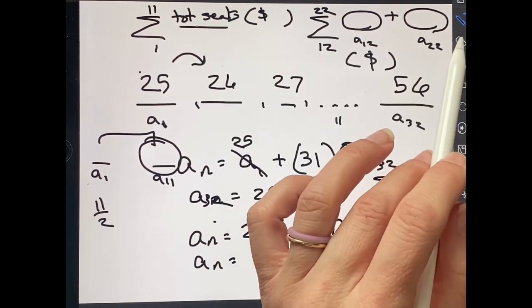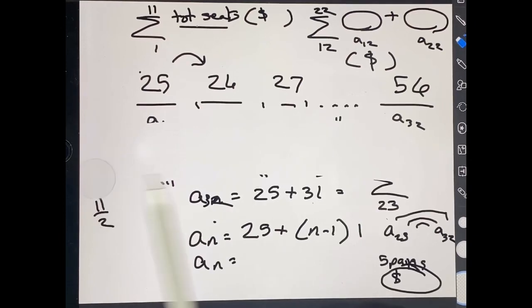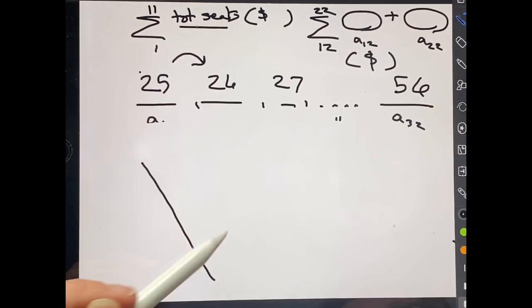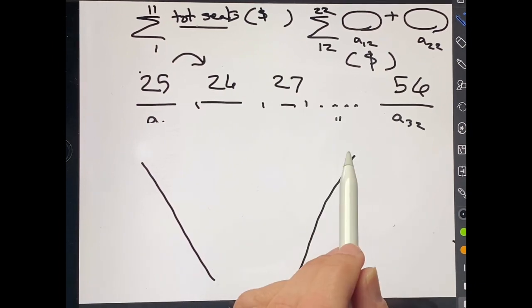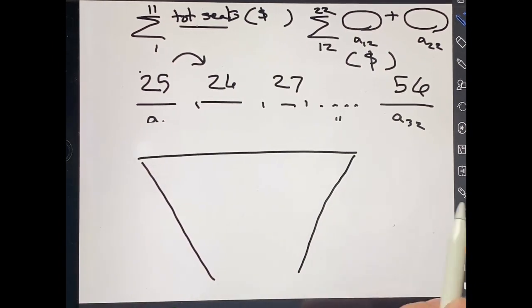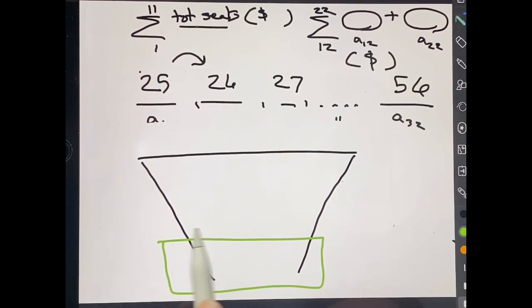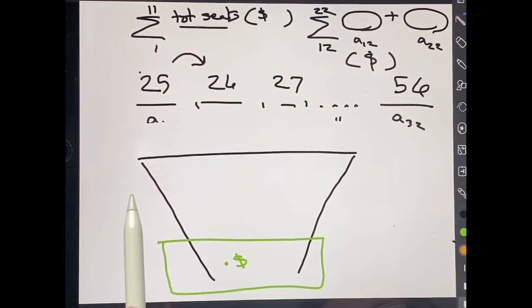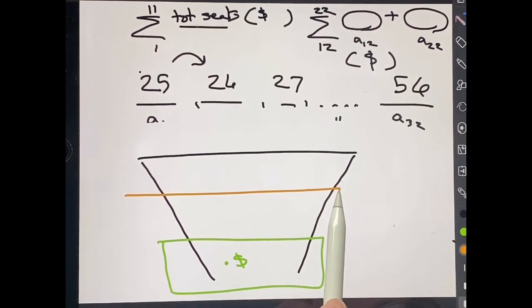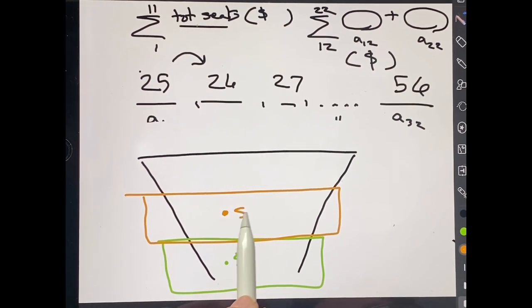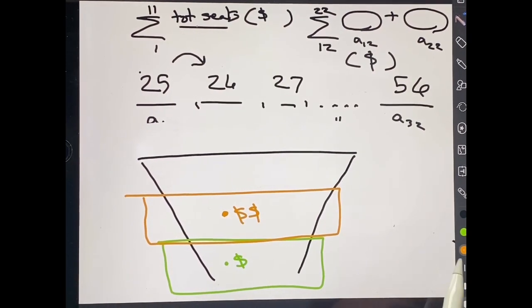If we were to kind of visually look at that, what we basically have is this triangle. And so for the first part, we are adding up the number of seats here and multiplying each of them by a certain cost. Then we're adding up the seats that we have in the second part, and we're multiplying it by a different cost.